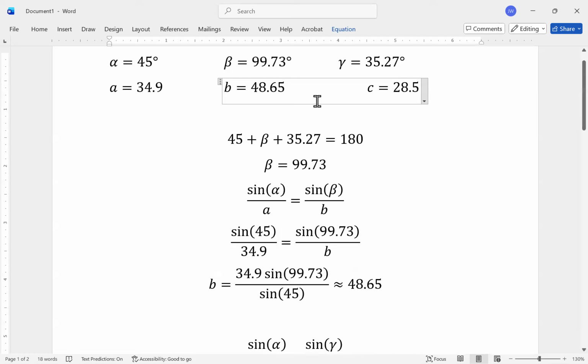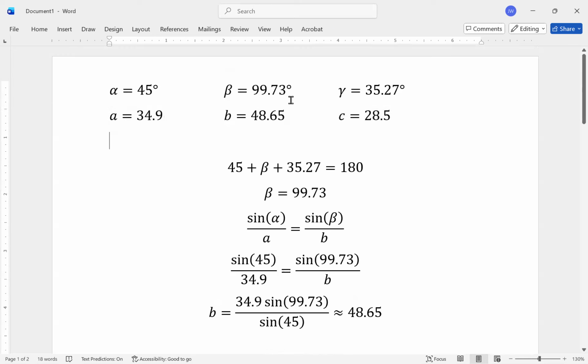So we get a value of B, which is 48.65. I should have expected the value of B to be bigger than A and C because the angle beta is larger than alpha and gamma individually. So there we go.